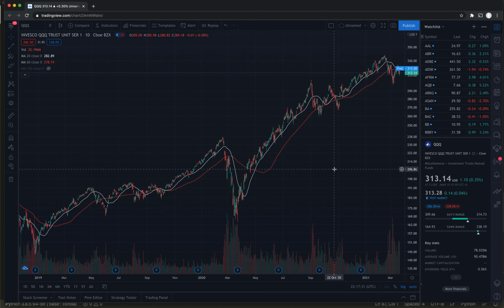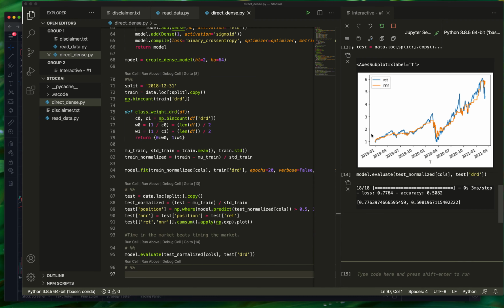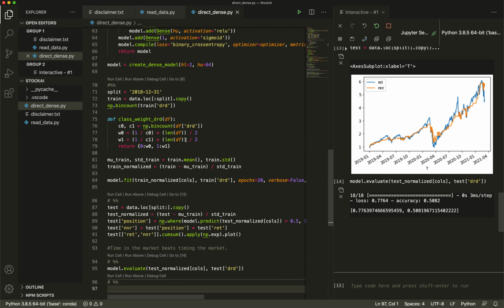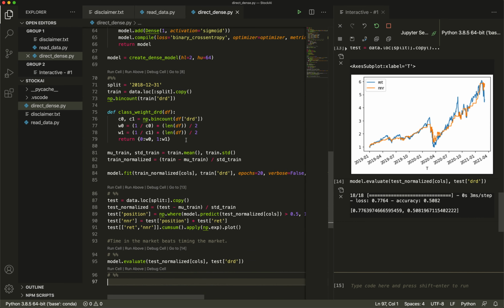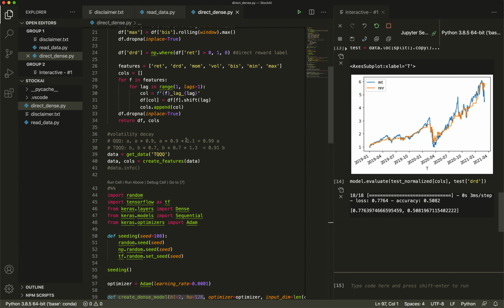So that's why in this particular example we are adopting a different strategy. It's not really a trend following strategy. It's actually a mean reversion strategy, or some type of mean reversion strategy.